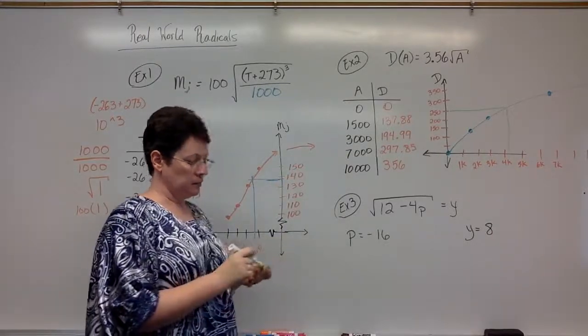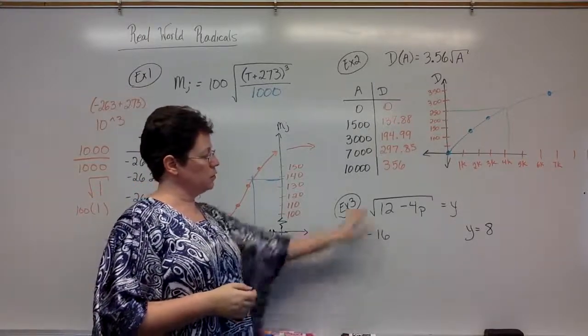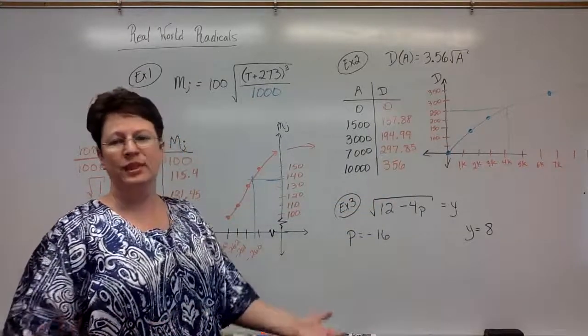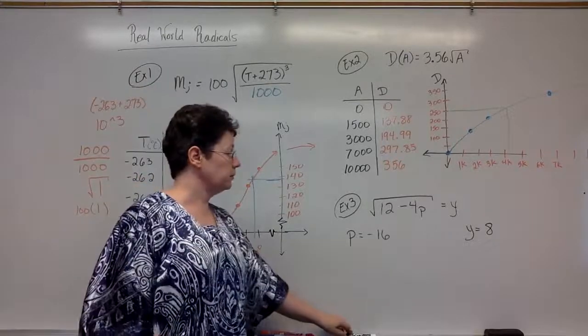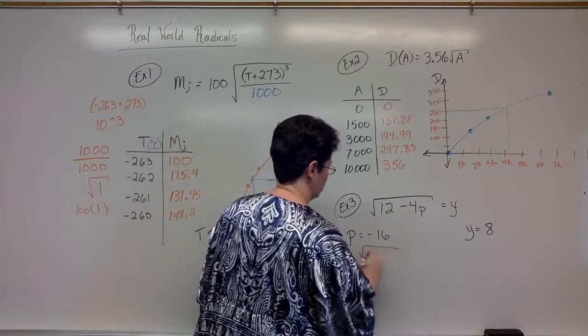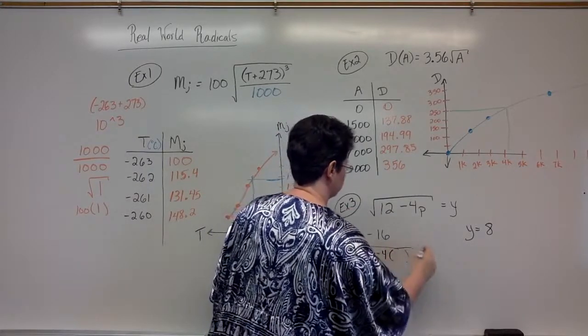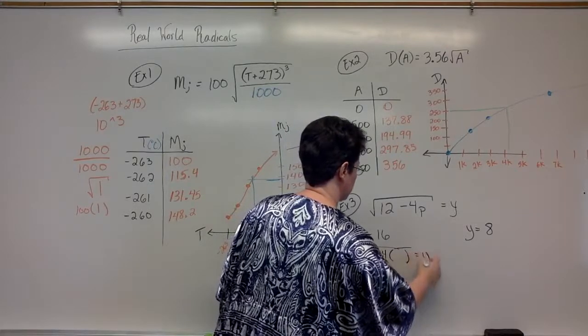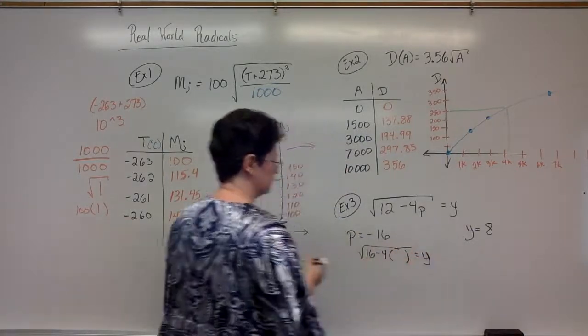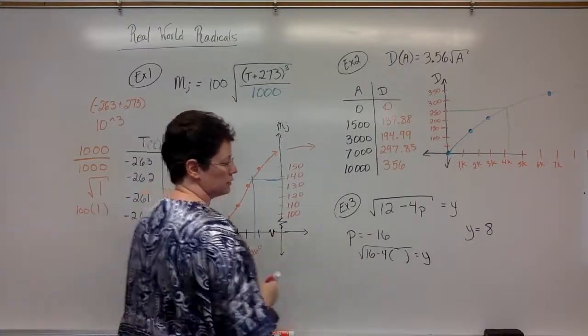Okay, example 3. We have just numbers. We have this beautiful equation. You plug it in. Yeah, that's all you do. So we have the square root of 12 minus 4 times something equals y. Okay, what's the something? Well, they told us they want it to be negative 16.